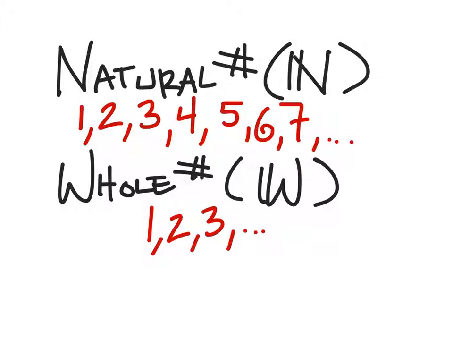These are the whole numbers, all of them. 1, 2, and 3, and everything else. And 0. 0 is a whole number, but not a natural number because it doesn't occur in nature. Also, 0 is a whole number because, well, it kind of looks like a hole. All right, next up, integers.